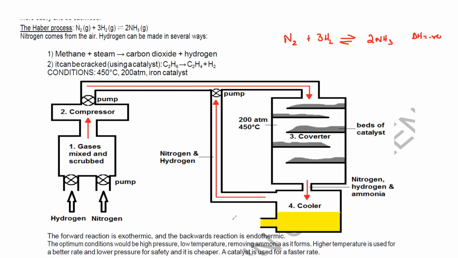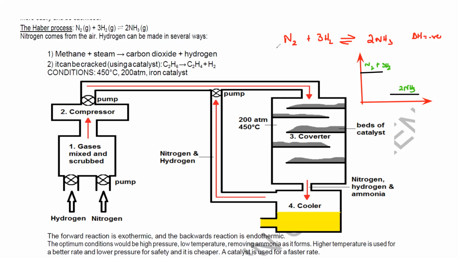So when the reactants form a product, the reactants have high energy and the product has low energy. So nitrogen and hydrogen have high energy whereas ammonia has a low energy. So N2 plus 3H2 gives 2NH3.